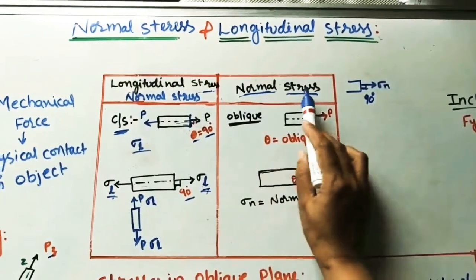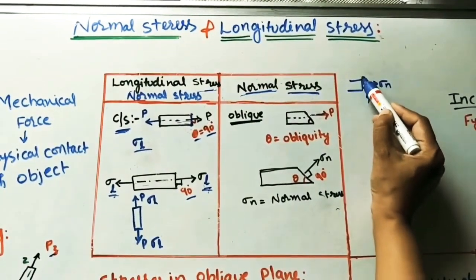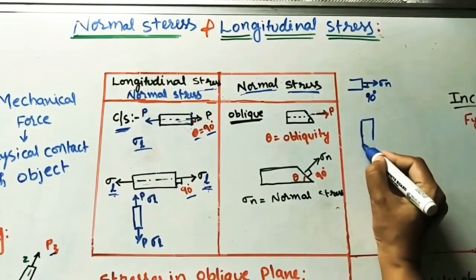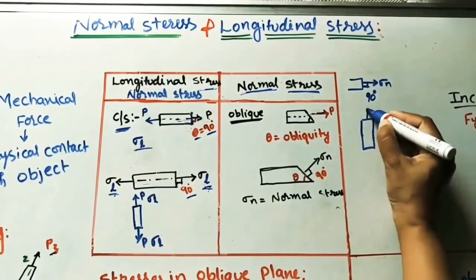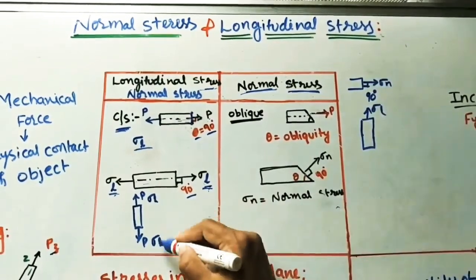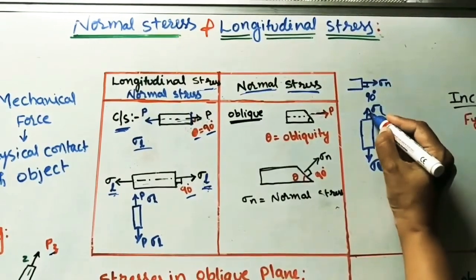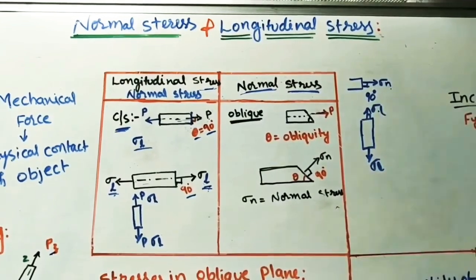Normal means perpendicular to the surface. Stress develops perpendicular to the taken surface. If I take the surface like this and apply the load in this direction, this is the longitudinal stress I just mentioned. This longitudinal stress is perpendicular to the taken area, so we can call it normal stress also.